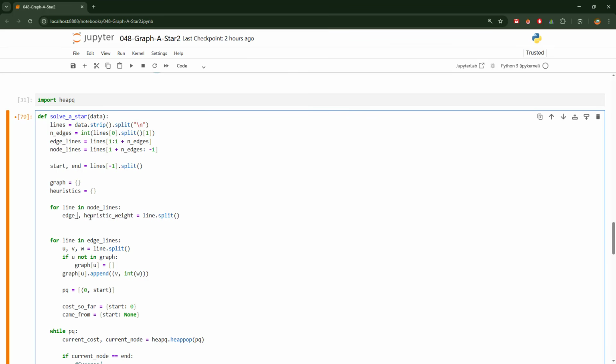Edge name, heuristic weight, and this way the edge name would be parsed to int, and then the heuristic weight.